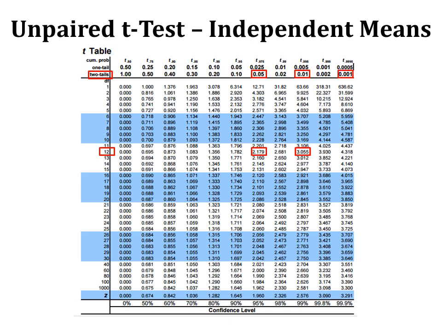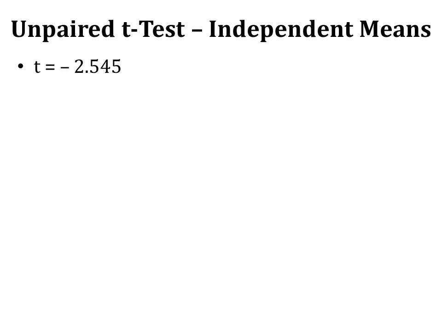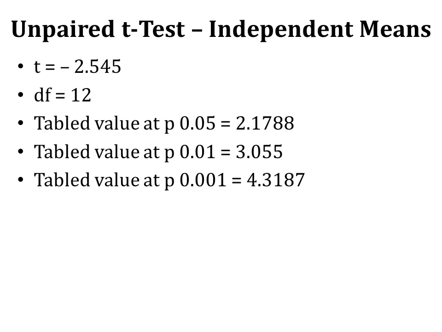And our next level is 0.001, and the critical value at this level is 4.318. So now we have the t value, which is 2.545, the degree of freedom, which is 12, and the table values. So the table value at probability 0.05 is 2.1788.